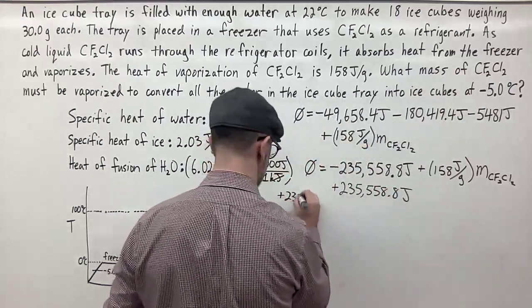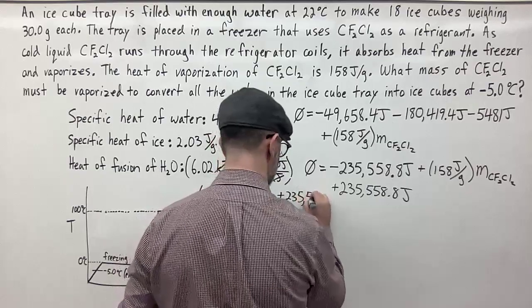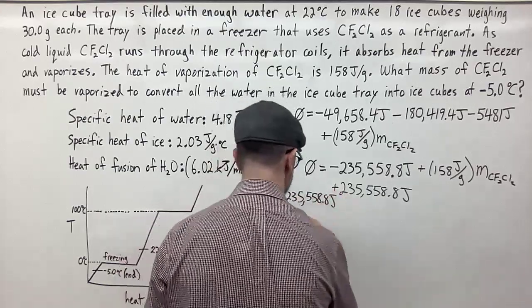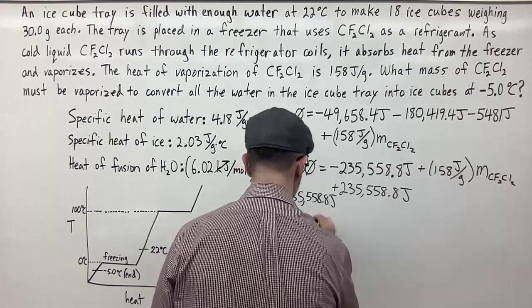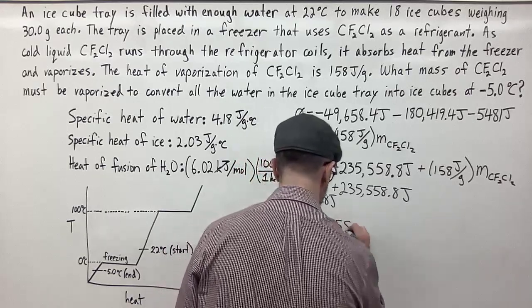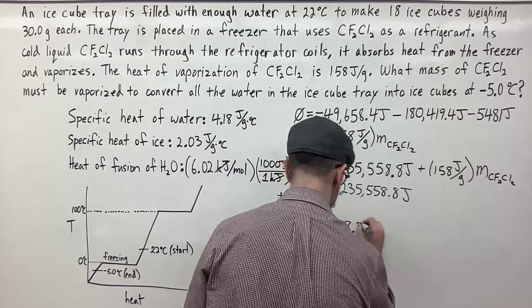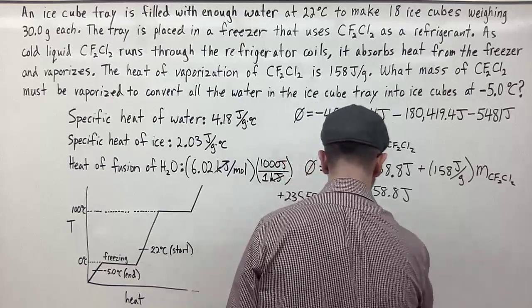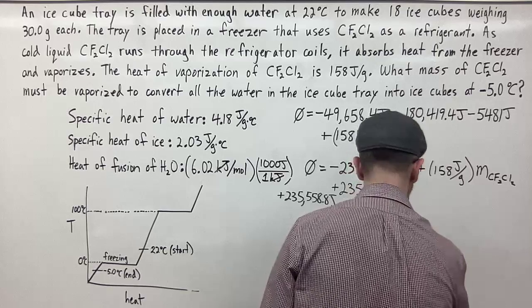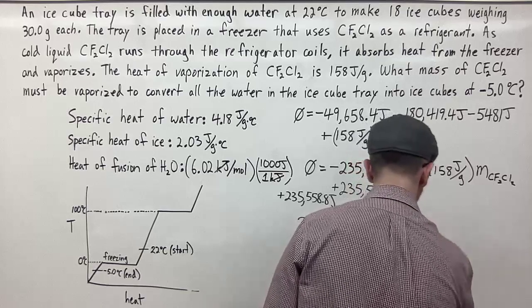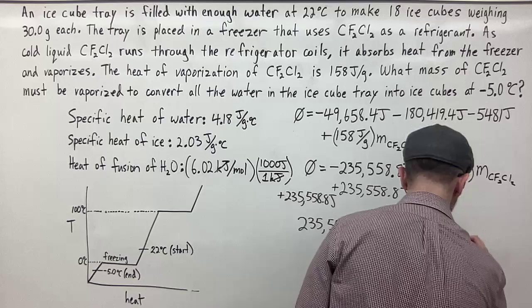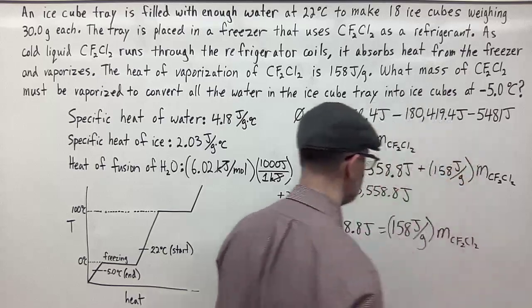That gives me 235,558.8 joules is equal to 158 joules per gram multiplied by the mass of CF2Cl2.